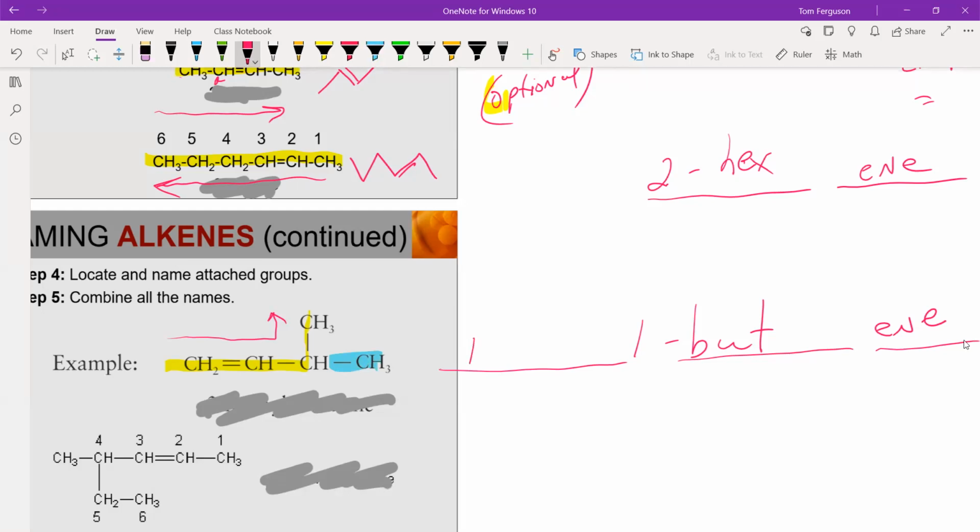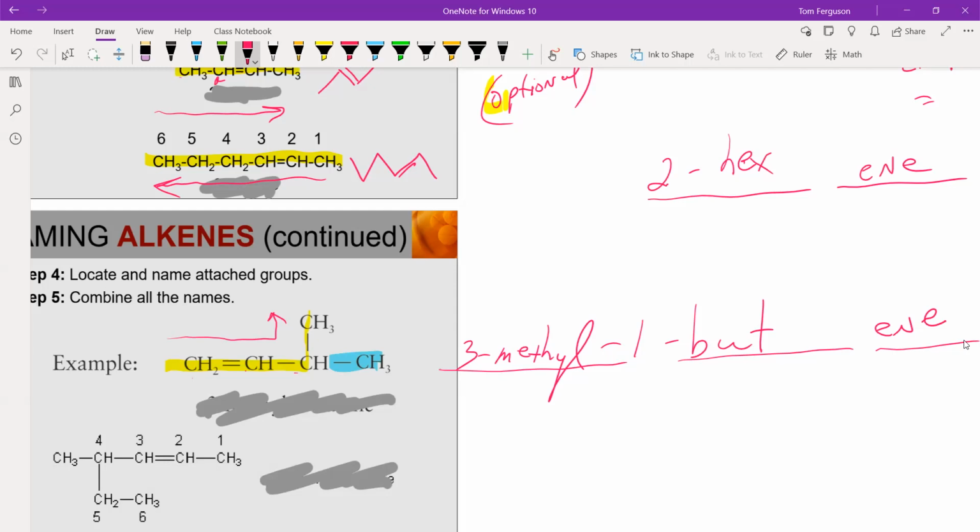So that would be 1-methyl 1-butene. Oh, excuse me, not 1, it's 1, 2, 3. Three methyl 1 butene.